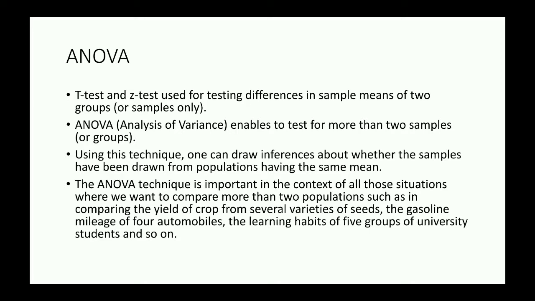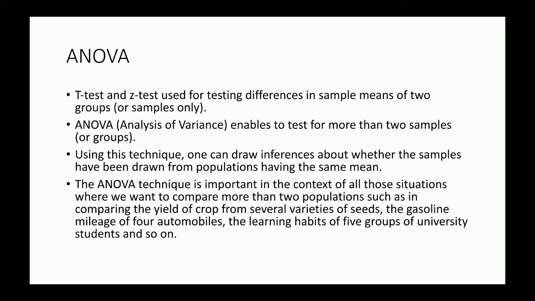Suppose there can be three groups of gender: male, female, transgender. In that case, how will you apply t-test or z-test? You cannot apply that. When the sample means you have to test belong to more than two groups, then ANOVA has to be applied.